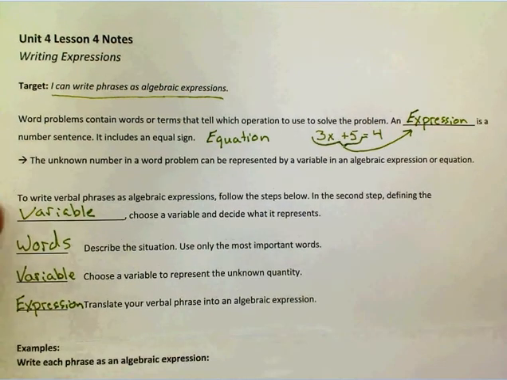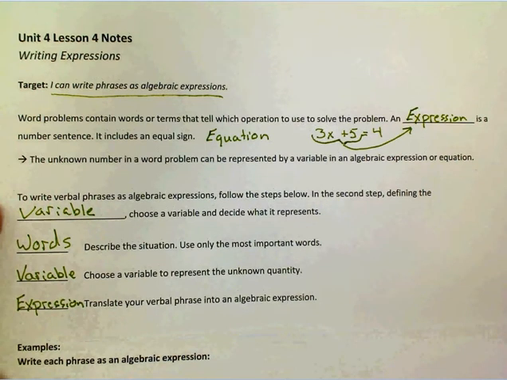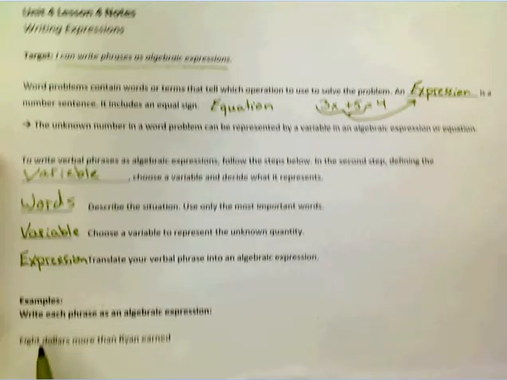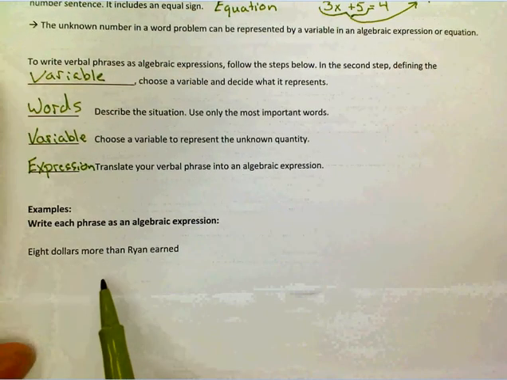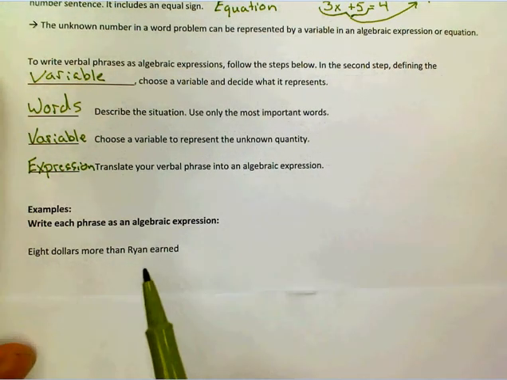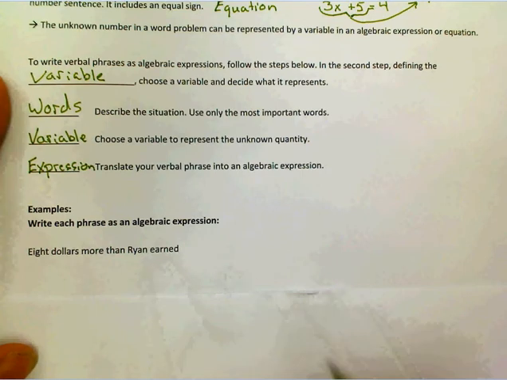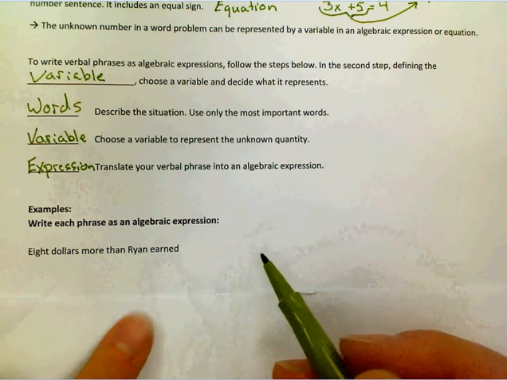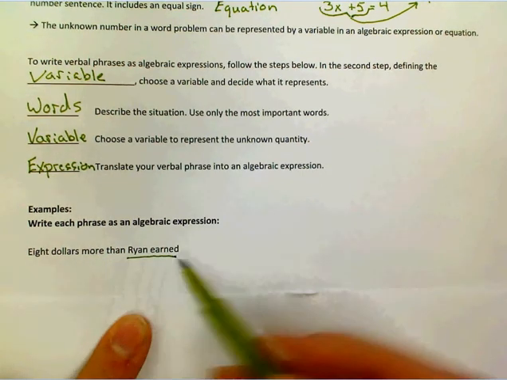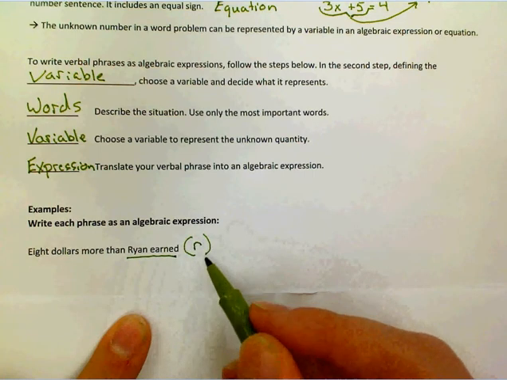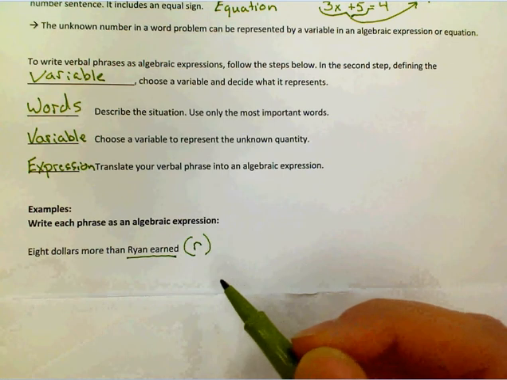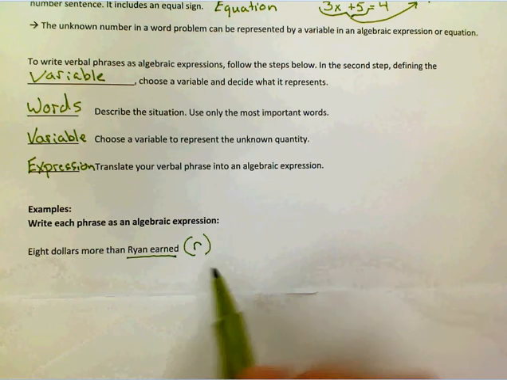So, for example, this is a verbal expression: $8 more than Ryan earned. Our unknown is how much Ryan earned, so I'm going to assign that a variable of R. Then we see what words are important.